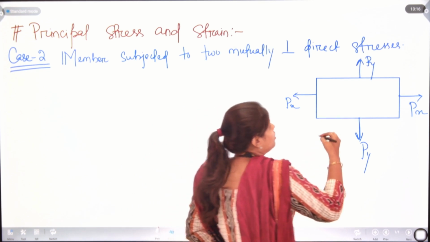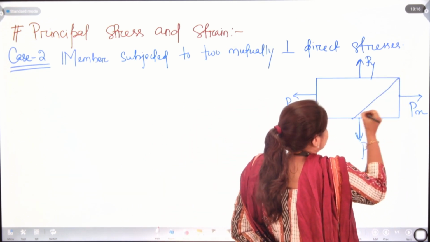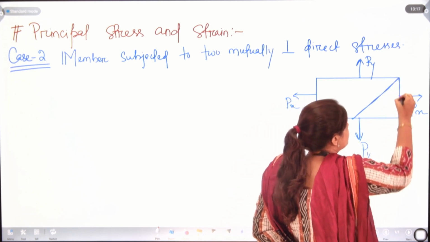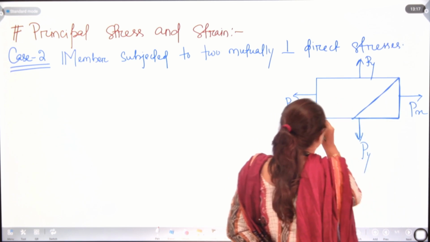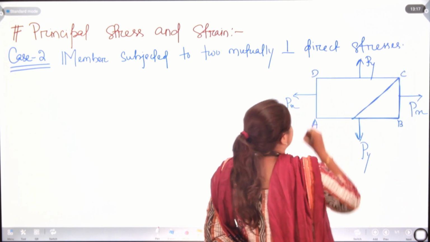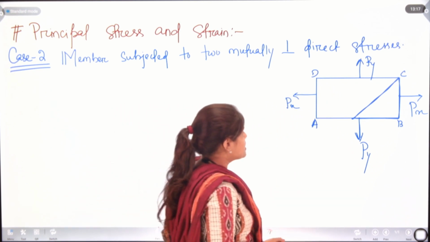Let's now cut this in this direction. So, we get this plane. Let's name it as A, B, C and D. So, we have the object and the ABCD plane.